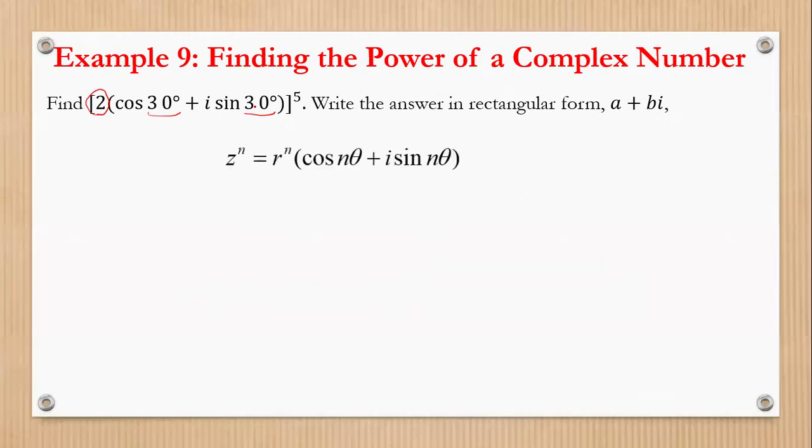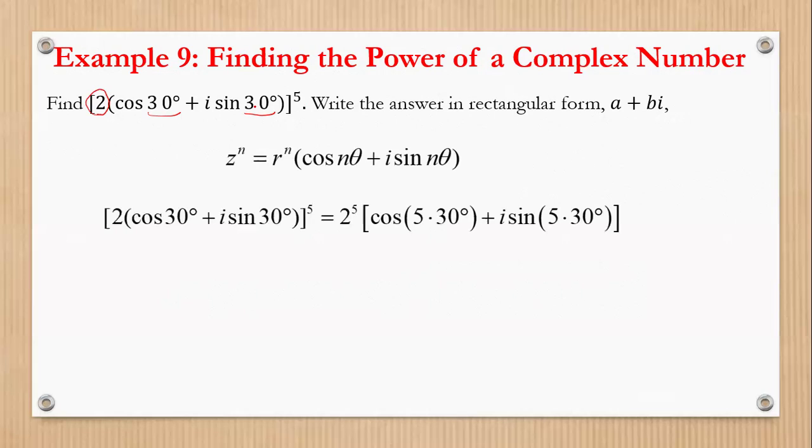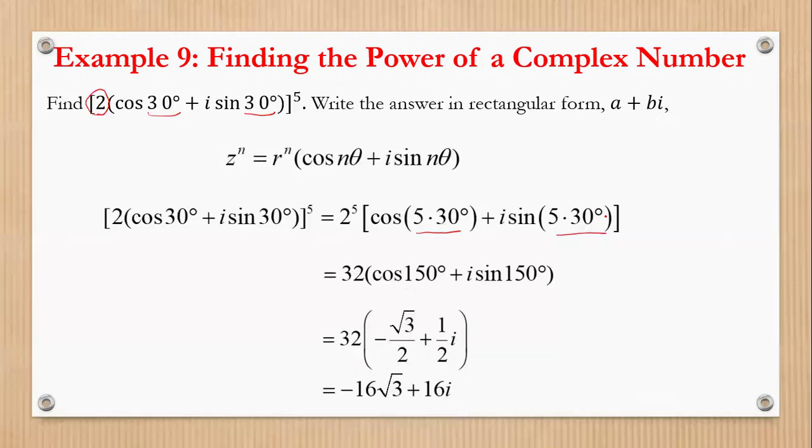So we raise 2 to the fifth power and multiply angles by 5, and we get 150 degrees for the angle. Now that's the answer in polar form.